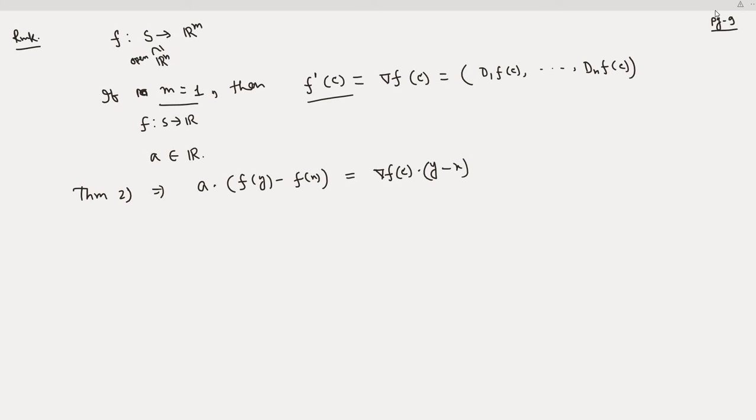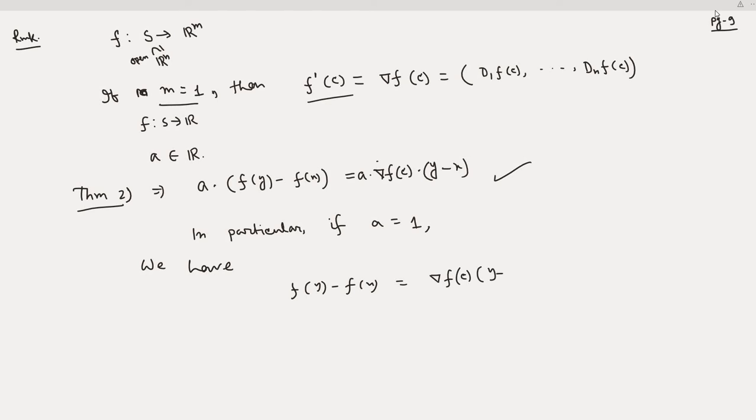So from theorem 2 we have this equation. In particular, if A equal to 1, then we have f of y minus f of x equal to nabla f at C acting on y minus x. So this is basically similar to the mean value theorem of a single variable function.